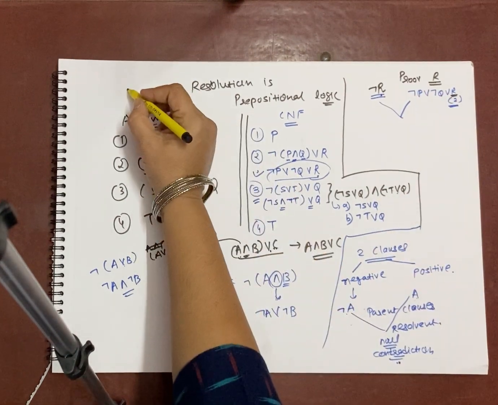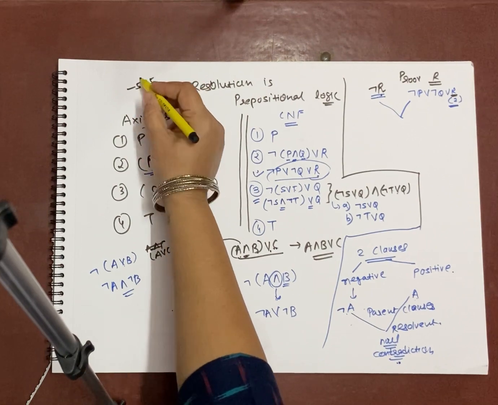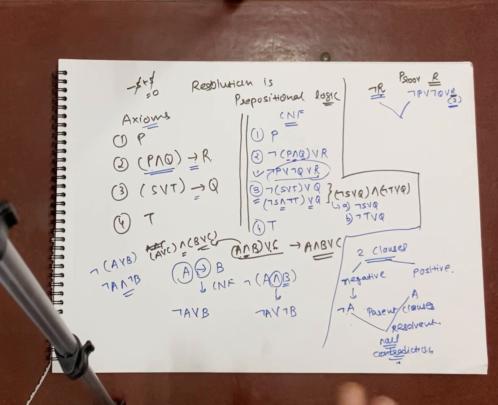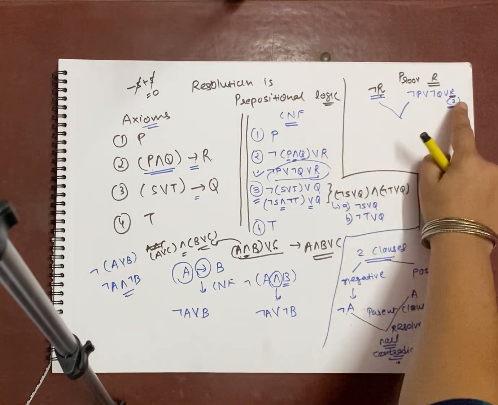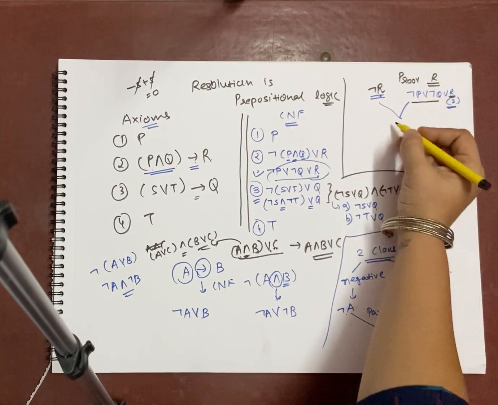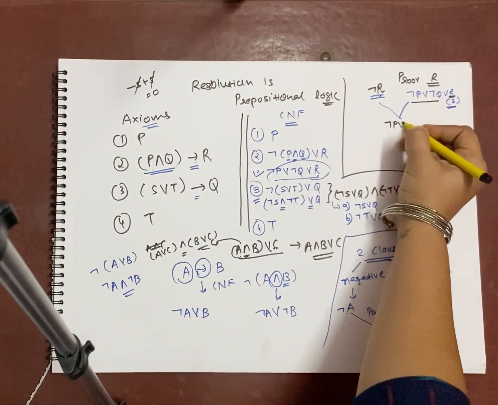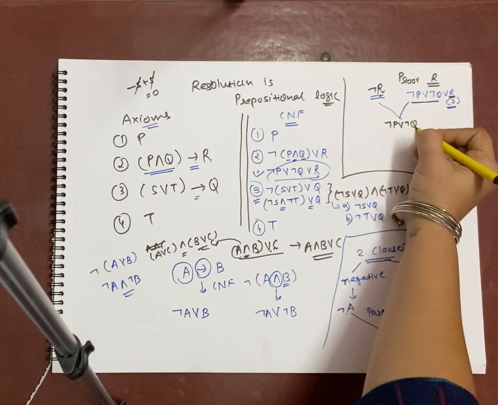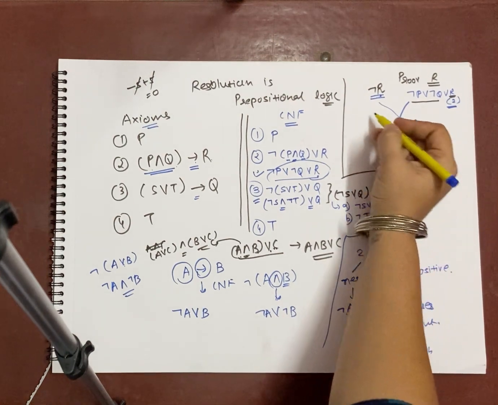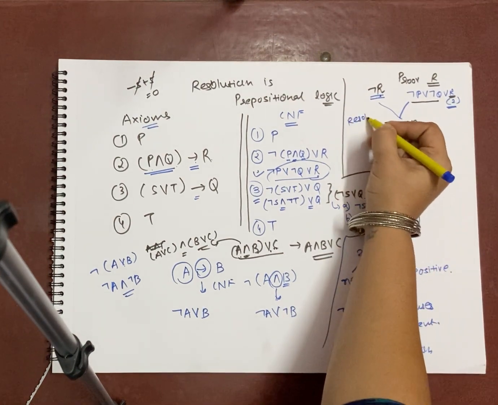Just like in mathematics, if I have -5 plus 5, then I am going to cancel it because it is going to generate 0. Similarly, if I say man Marcus, not man Marcus, both cannot be true at the same time. So we are going to eliminate that fact entirely because it is contradictory. So not R and positive R are going to be cancelled out. What is remaining now is called the resolvent: not P or not Q. So this is what we have generated after applying the first phase of resolution, called the resolvent.